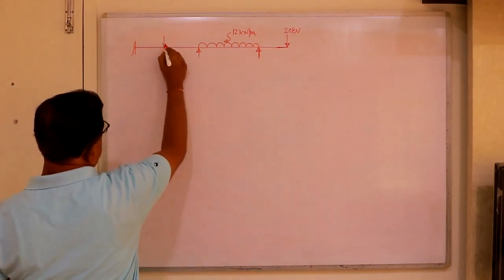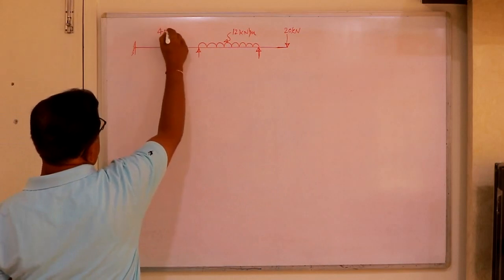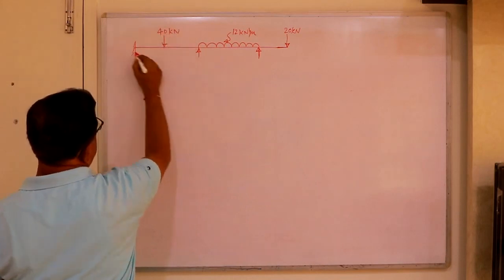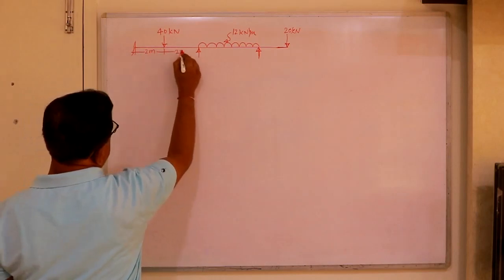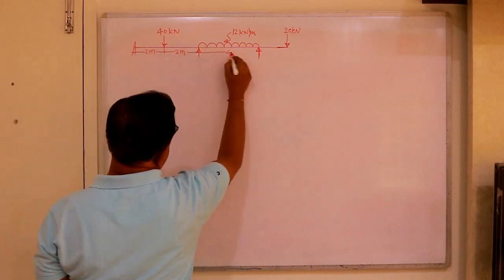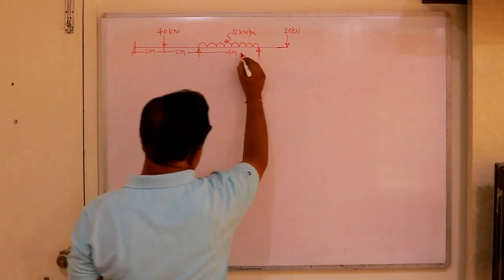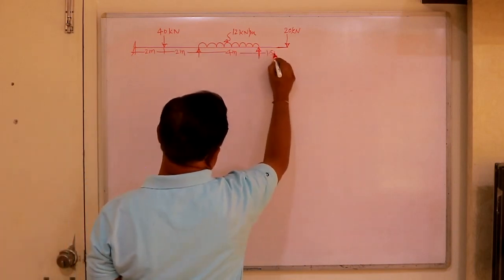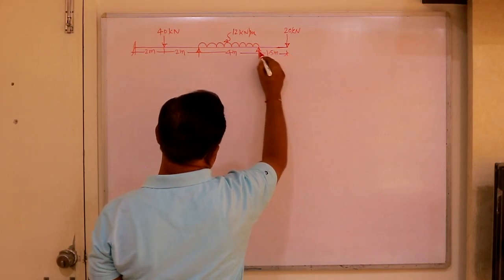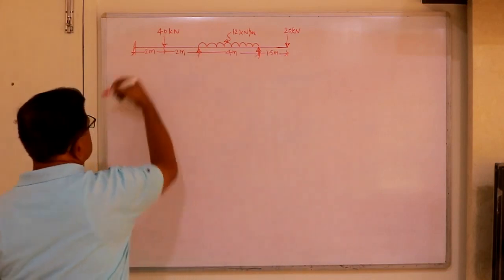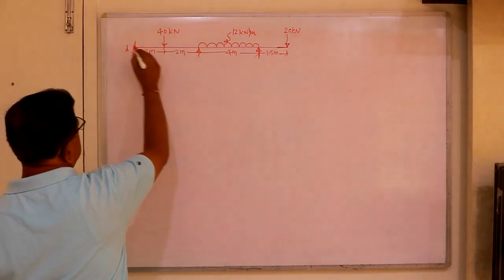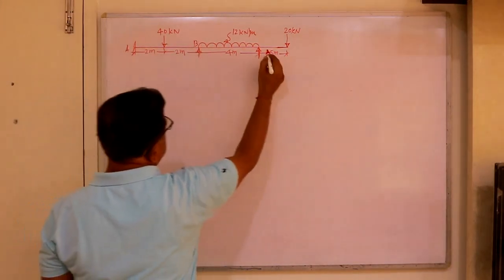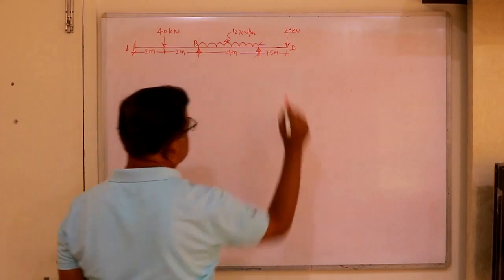So 40 kilonewton, and say this is 2 meter, this is 2 meter, say this is 4 meter, and say you take this as 1 meter, 1.5 meter. So these are the span lengths. Say beam is A, B, C, D.